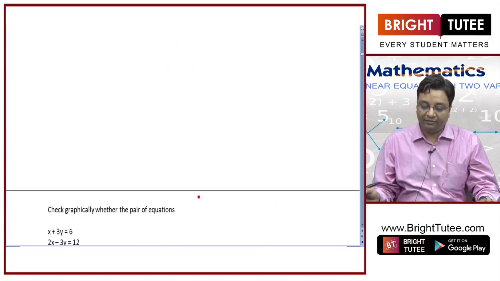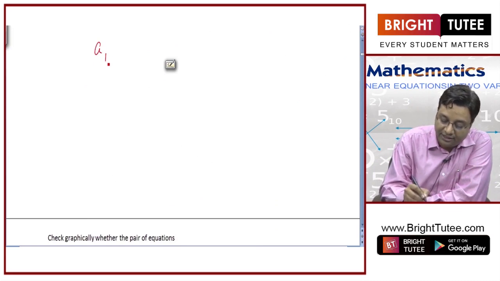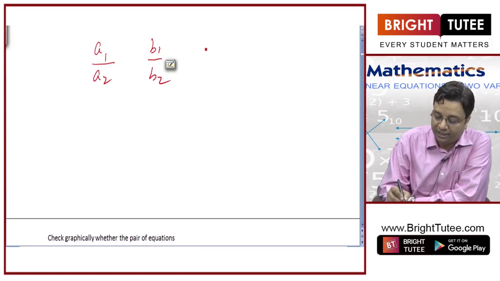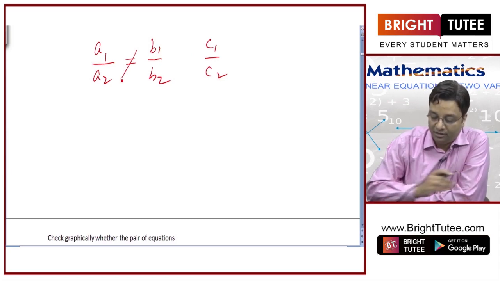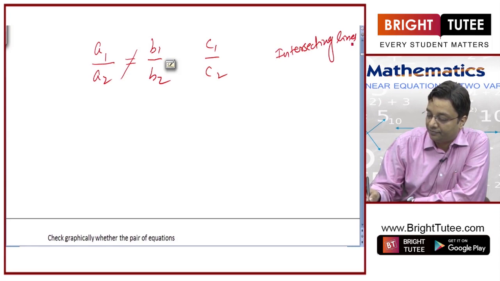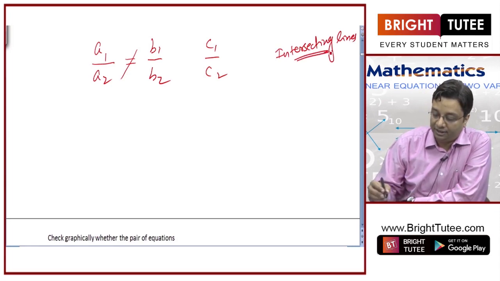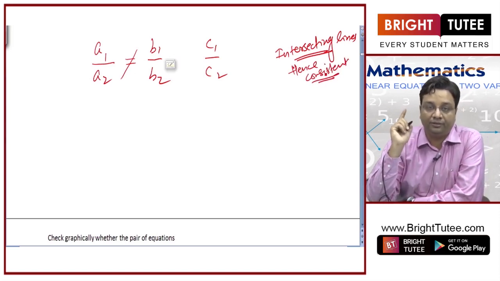So if you want to see whether a particular system of straight lines is consistent or not, you will see this ratio a1 by a2, b1 by b2 and c1 by c2. If you get this situation where a1 by a2 is not equal to b1 by b2, you will say this is the system of intersecting lines, hence consistent, because it has got one solution.